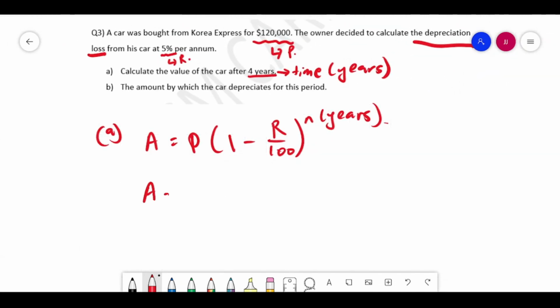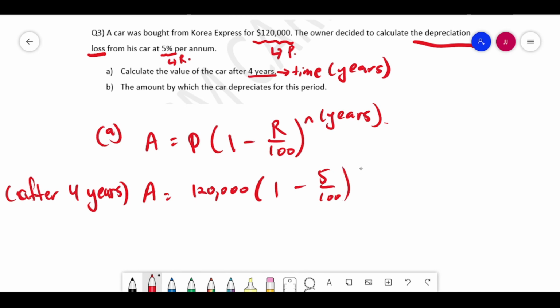So the amount after 4 years is equal to the principal, which is $120,000, times 1 minus 5 over 100 to the power of 4. And we simply solve. So I got $97,740.75.